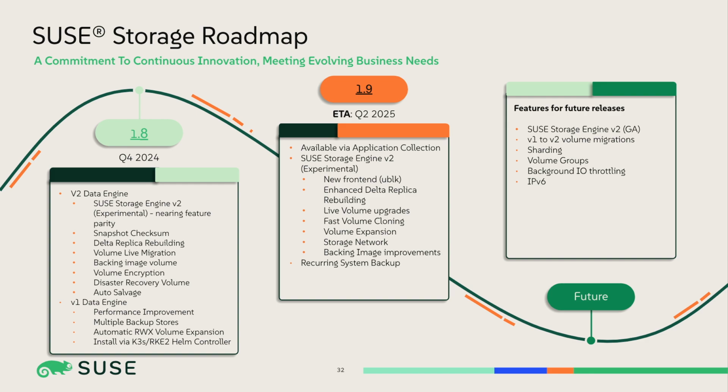Sharding is the biggest feature that we've been asked for over the last couple of years, and we've been putting it off because we wanted to get to the V2 engine. So we're actually going to be including that. I think sharding will actually land GA at the same time as V2 GA, because we've been pushing so hard for it.